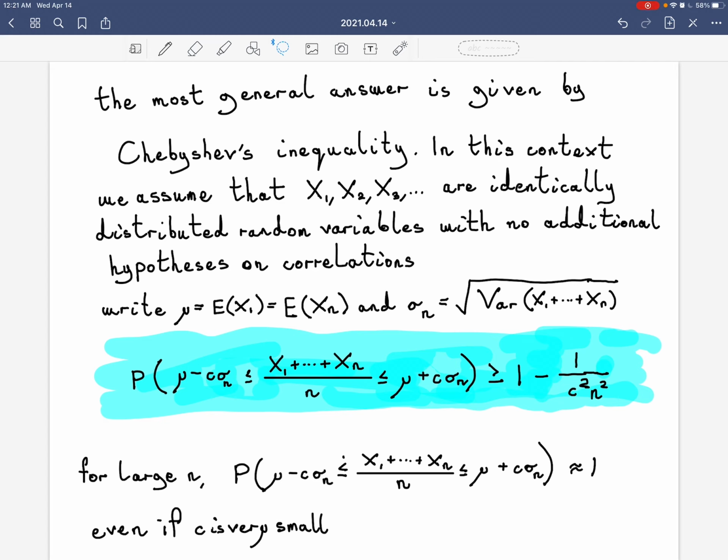So if c is fixed and n is going to infinity, this gives you a probability approaching certainty that an empirical average is within an error interval around the mathematical expectation. And this is the scientist's dream.